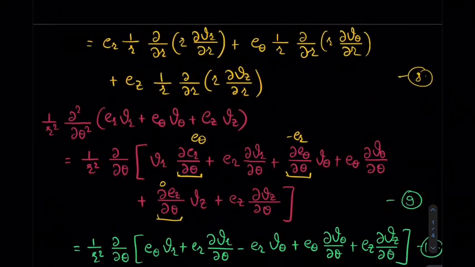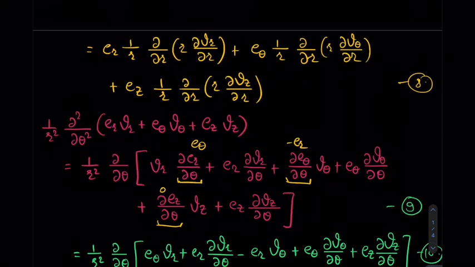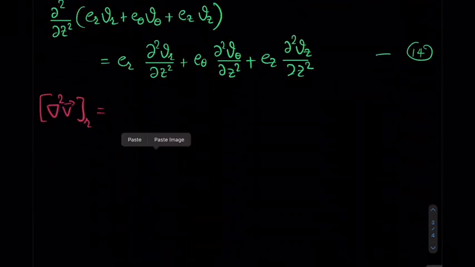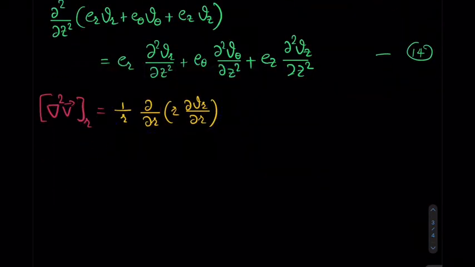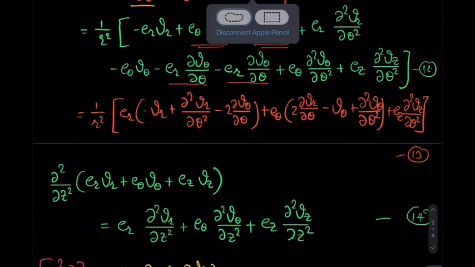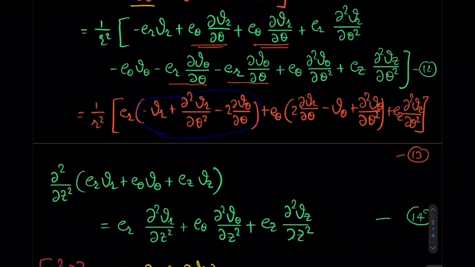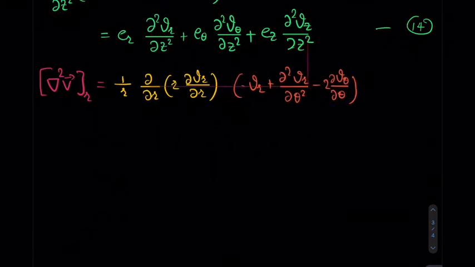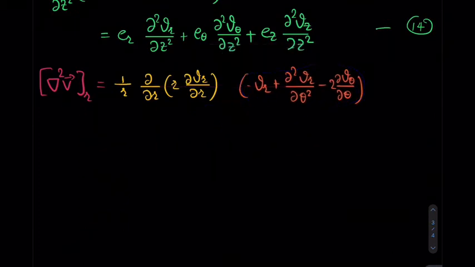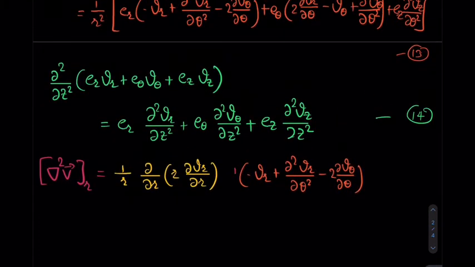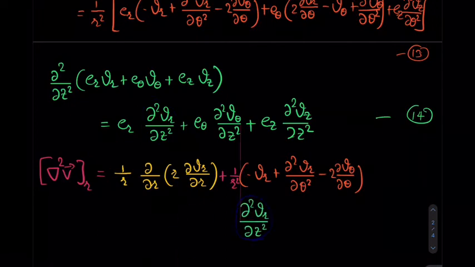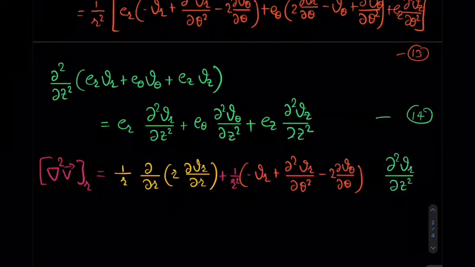So along the r direction, let us copy first of all the r term from equation 8, paste it, and then from the second term we have this contribution towards the r direction, so plus this term, and it needs to be multiplied by 1 by r squared. Okay, plus 1 by r squared times bracket, and the last term, which is this, plus second derivative of Vr with respect to z direction.